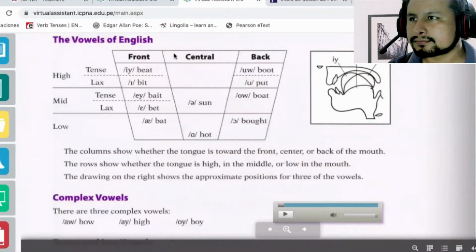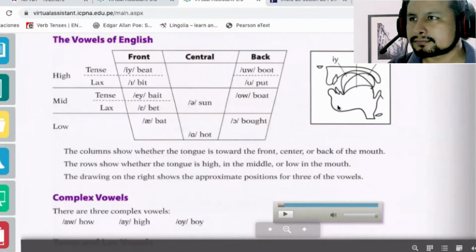Now, I also said that the form of the lips is important. For example, for the front vowels, in general, you have to spread the lips. E, A, you spread the lips. For the back vowels, you have to round the lips. O, oo. So the form of the lips is important.